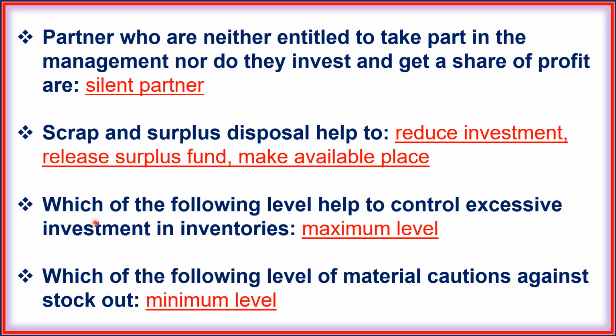Next, which of the following level help to control excessive investment in inventories, that is maximum level. Next, which of the following level of material cautions against stock out, that is minimum level.